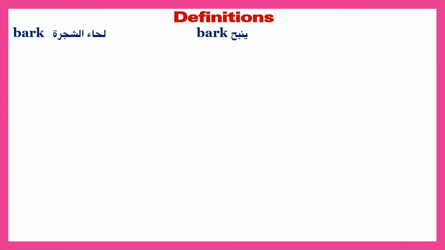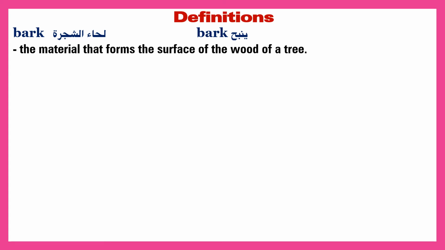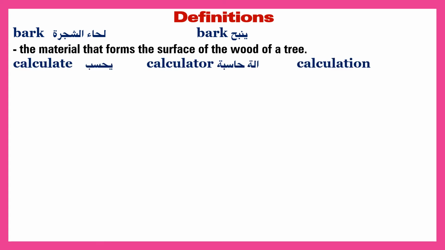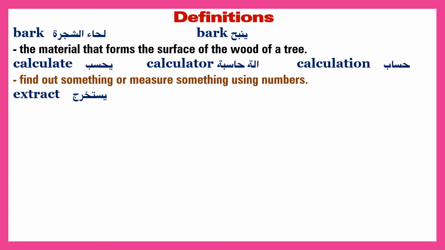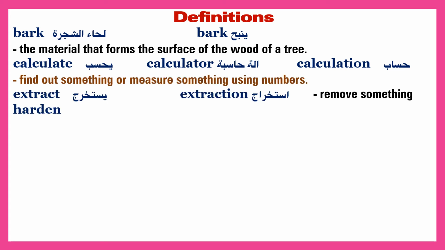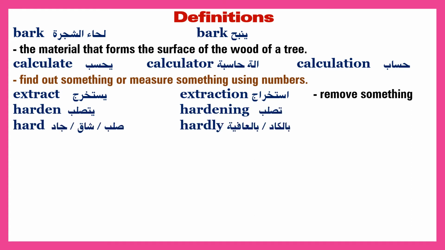Definitions. Bark: the material that forms the surface of the wood of a tree. Calculate, calculator, calculation: find out something or measure something using numbers. Extract, extraction: remove something.